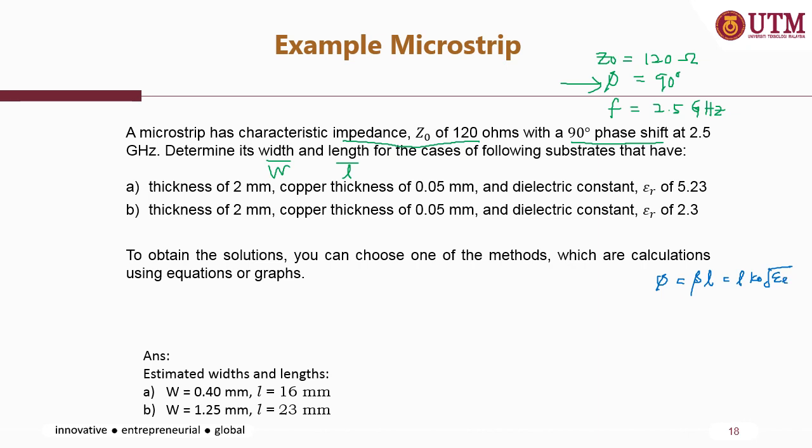Since it is microstrip, you can get epsilon E by using the equation, and K0 is the wave number equal to 2 pi F over C. Don't forget the phase will be in radian. From here you can get the length, and for the width, as usual, you can get the ratio of W over H, then you can get W, the width of the structure.